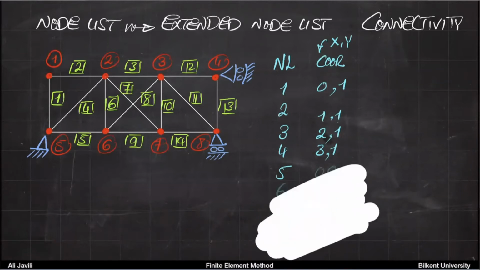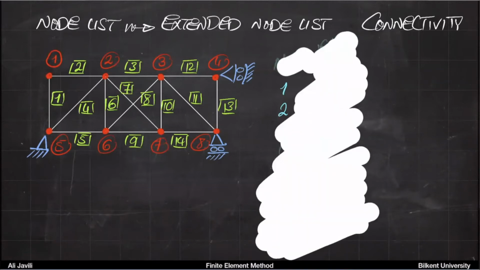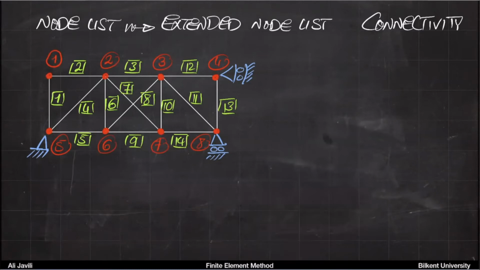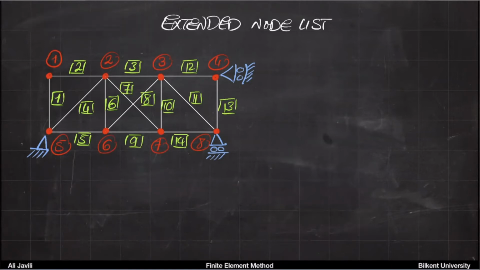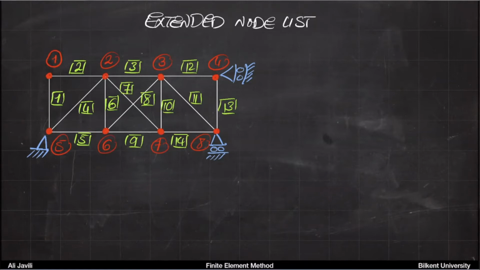Let's remember the node list that you had here. This was our node list, and you have the system. What I want to write now is the extended node list for this.